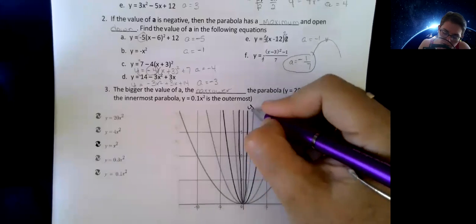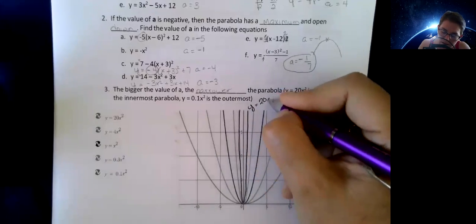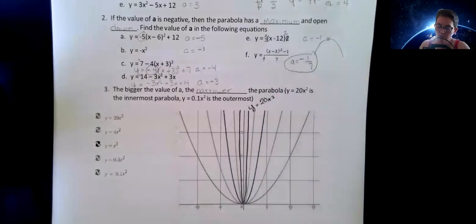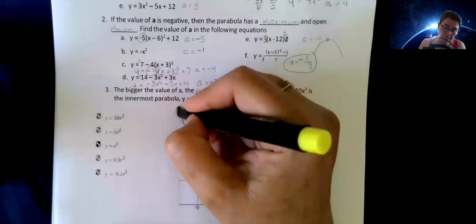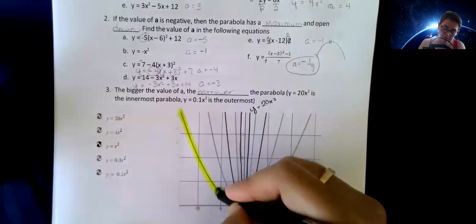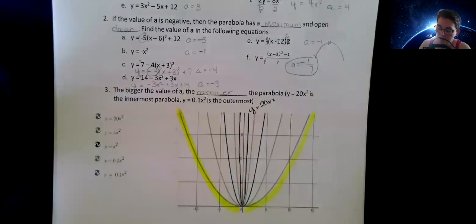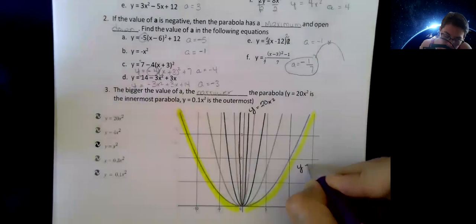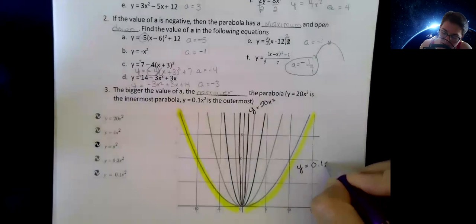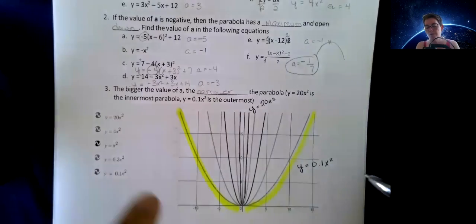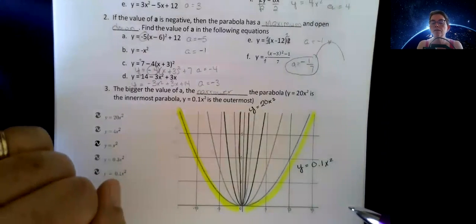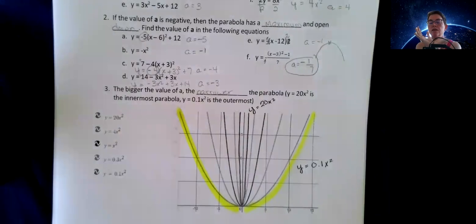This guy is y is equal to 20x squared, whereas this outside one is y is equal to 0.1x squared. So the smaller the number is, the closer it is to 0, the wider it's going to be. And as A gets bigger, it's going to get narrower and narrower.